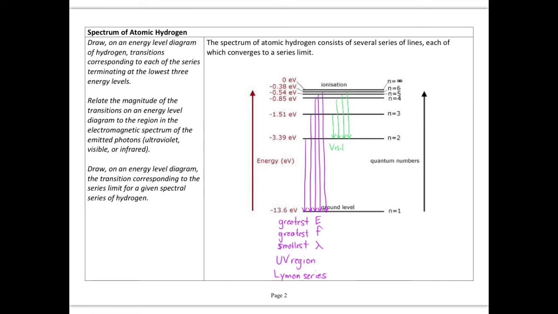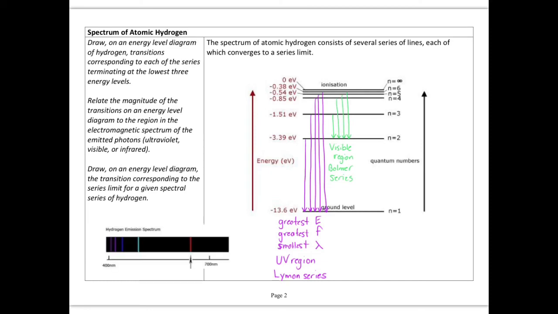When we look at this in the lab, these are the ones that we can actually see. So they're the visible region, and they're known as the Balmer series. And they basically look like this one, which is similar to what you'll see through the spectroscope. This is our Balmer series.